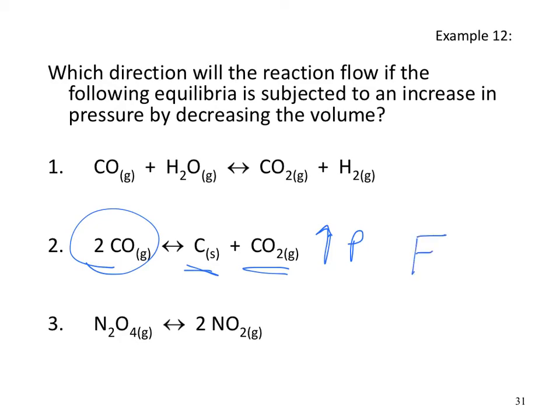And on the other hand, if you consider the last one, where you have NO2 as your product and N2O4 as your reactant, since you have 2 moles on the product side and only 1 mole on the reactant side, as you increase the pressure and you're increasing the number of moles per unit volume, it should move in a direction to undo this effect, and so in that case it will be the backward reaction that takes place.